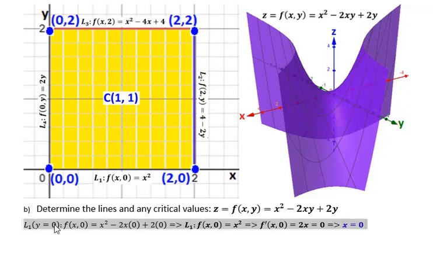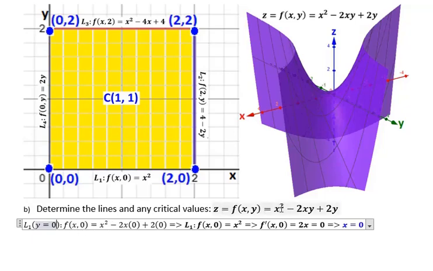Now let's look at line 1. On line 1, x varies from 0 to 2, but y is always constant 0. That means this is f of x, 0.